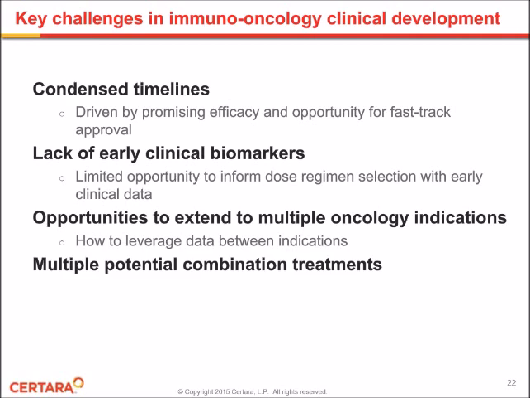Can we learn from one indication to optimize our dose setting in another indication? And as already alluded to, endless opportunities in terms of potential combination treatments. So also there, need to think about how to effectively use available data to optimize combination treatment dose setting.